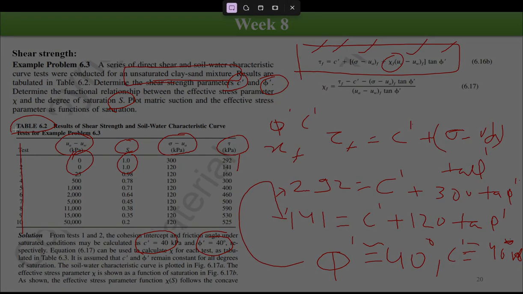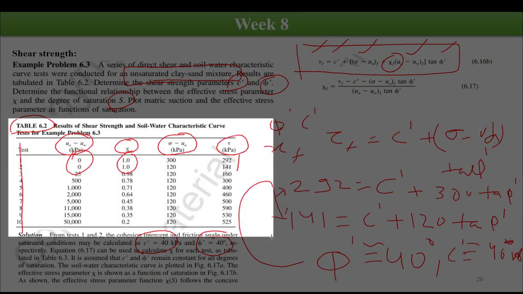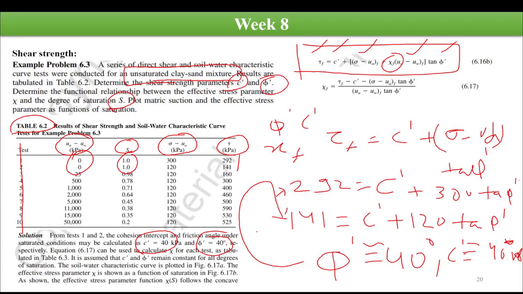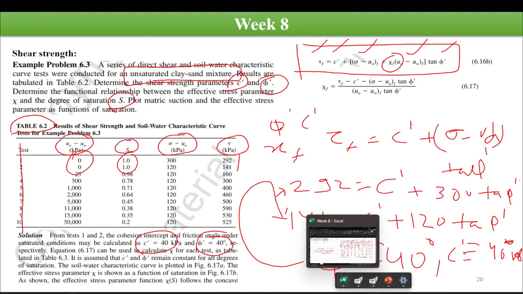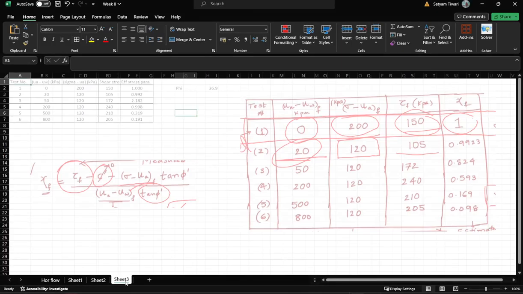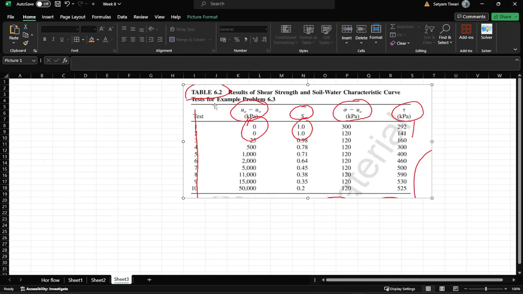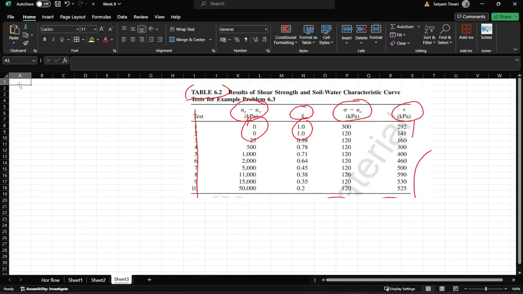So first, let's take the screenshot of the values which are given here, and switch to Excel. Okay, make a new sheet and we write these values here. So first is test number. The second one will be ua minus uw, the unit will be kPa.